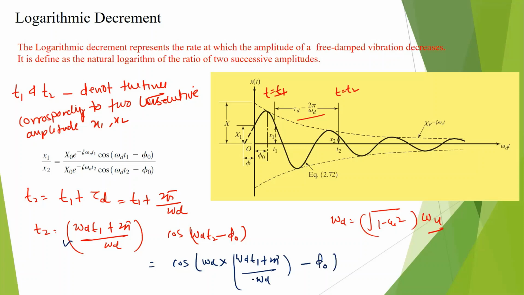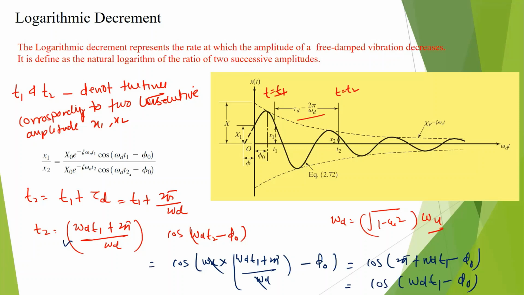The omega d will get cancelled out, and this term becomes cos 2 pi plus omega d t1 minus phi naught. And as we know, cos of 2 pi plus theta is cos theta, so this term is cos omega d t1 minus phi naught.